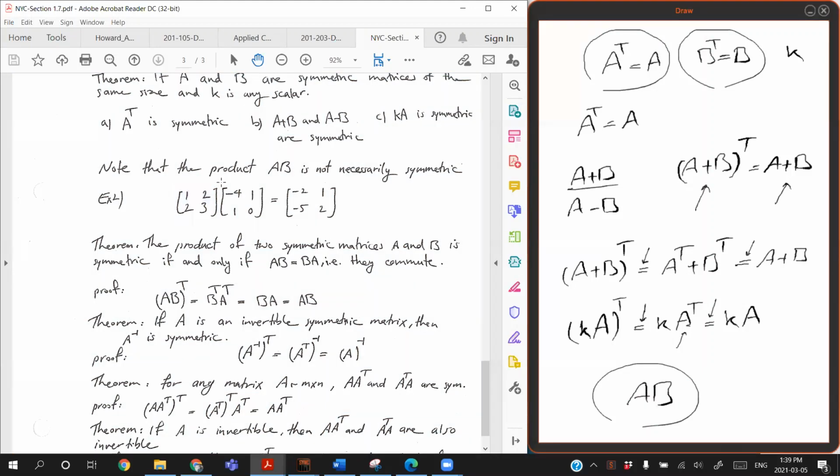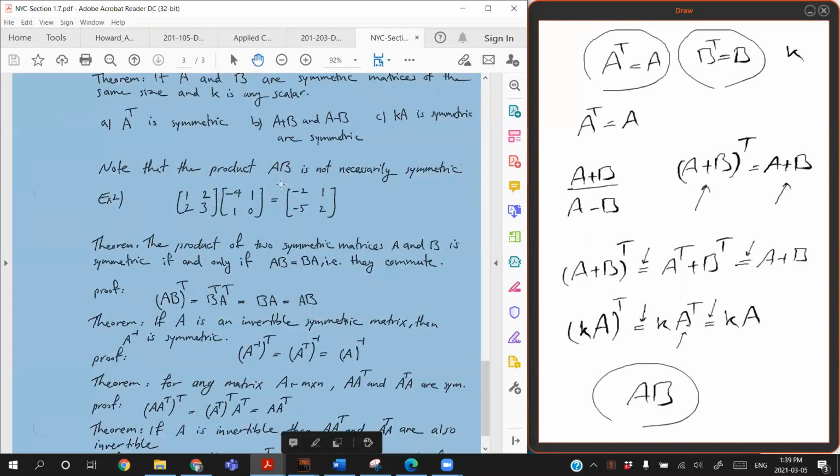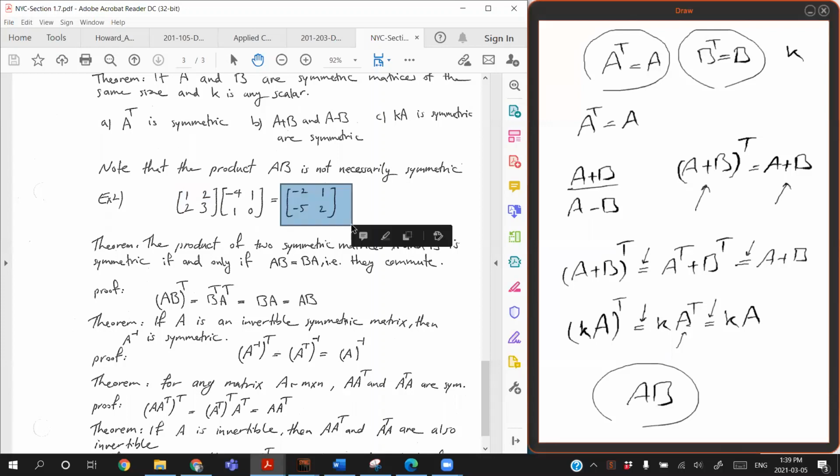This one here is also symmetric. However, when you multiply them, you get this matrix, which is not symmetric. As you can see, A1,2 is not the same as A2,1.